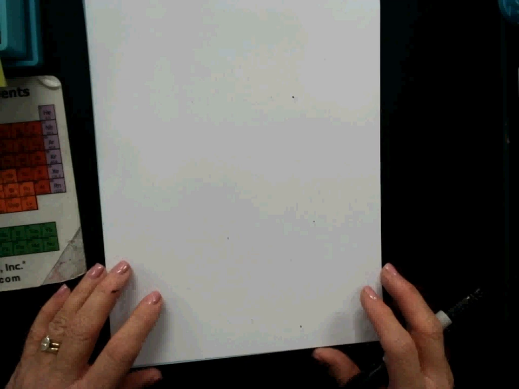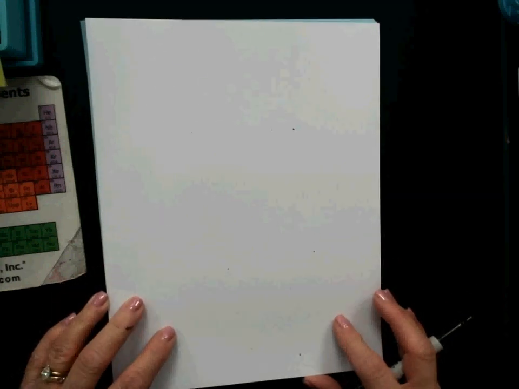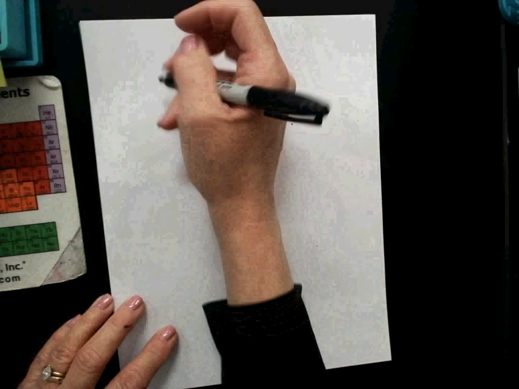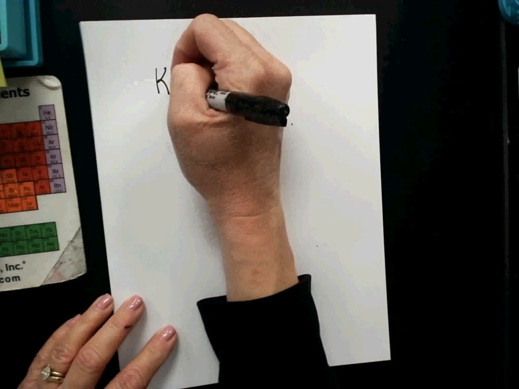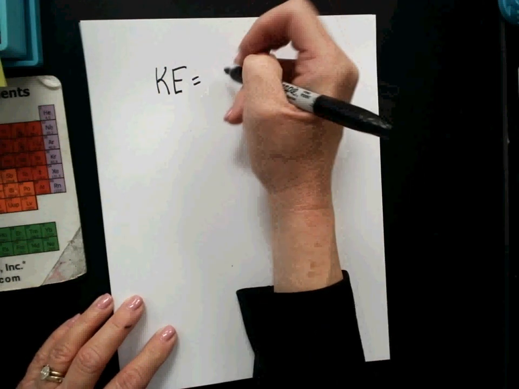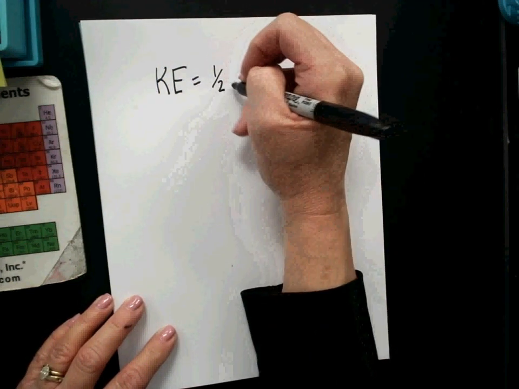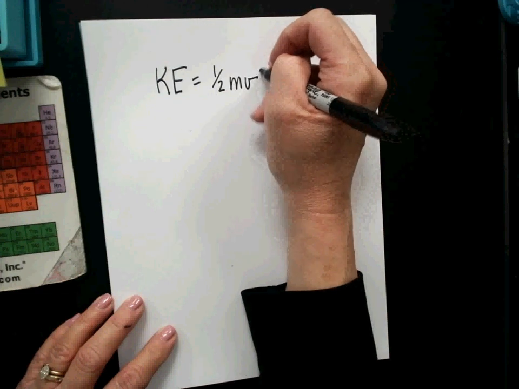So if I take the properties of that object and I put them into a formula that deals with kinetic energy, I get something that looks like this. KE equals 1/2 mv squared.